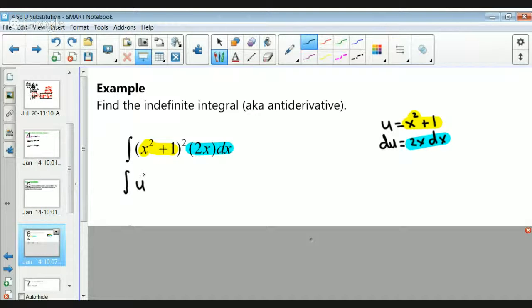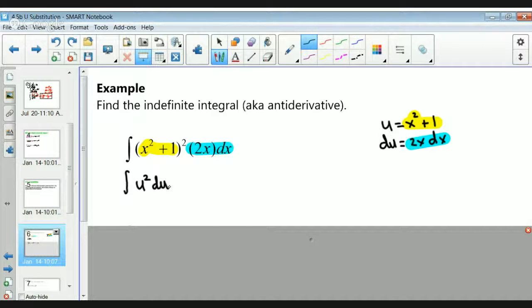Next is the square, so I still need that. That didn't go anywhere. And the rest of the stuff is all blue, so that should be du. And remember, du always has to come at the end, so you always need to put that at the end after your integrand.